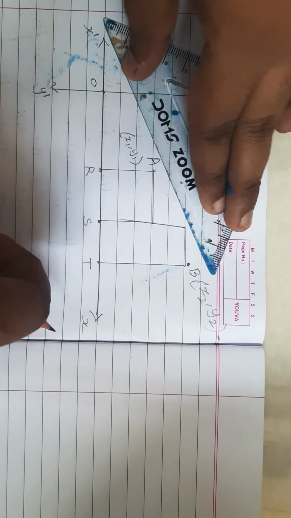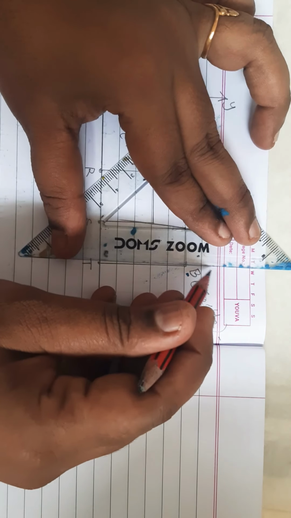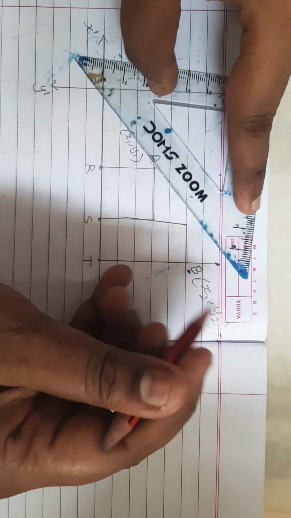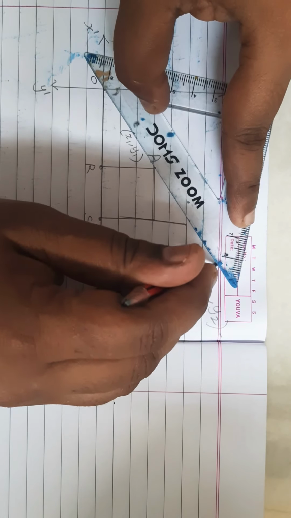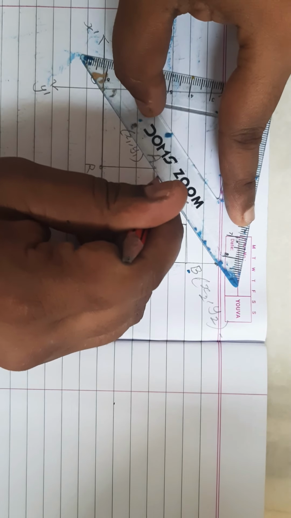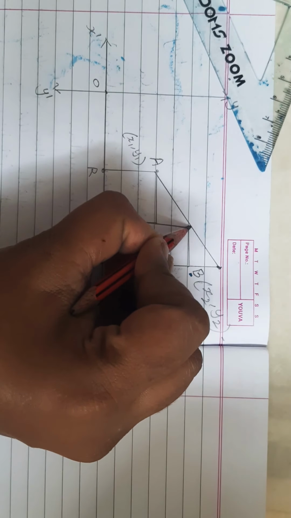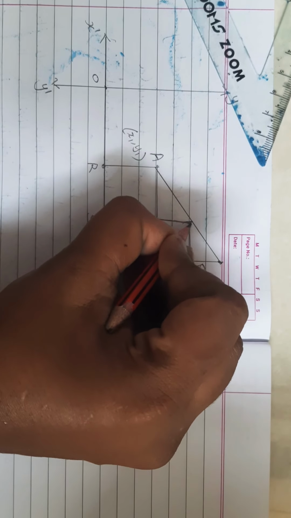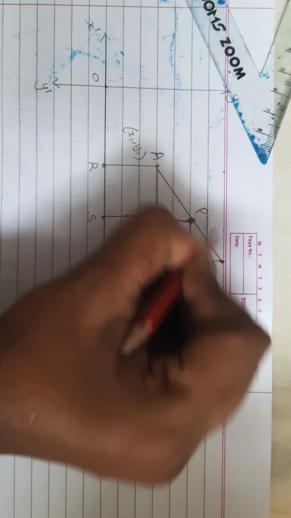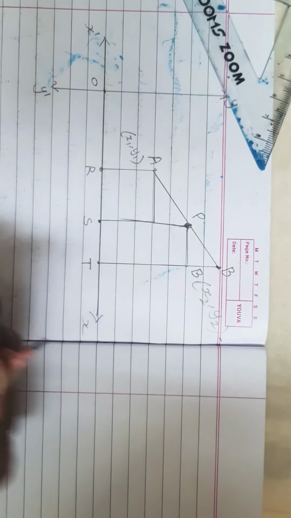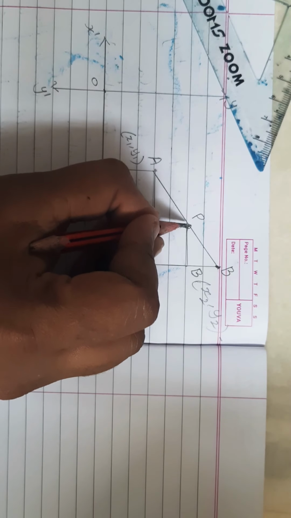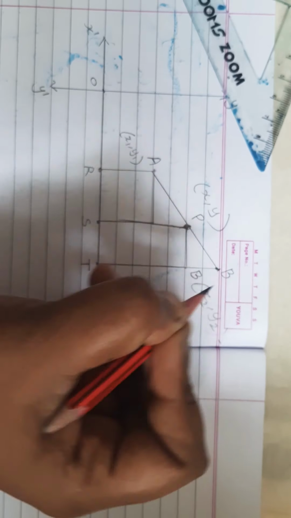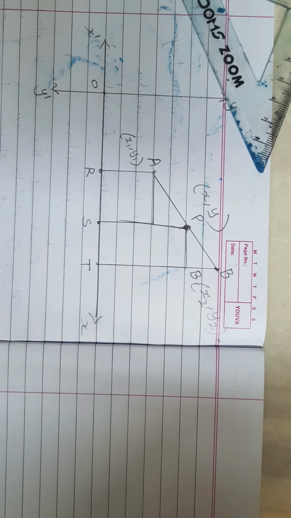Suppose you are joining these 3 points, this is the intersection point. This is A, this is B, and this is the intersecting new point called P. This point only you are going to find out using the section formula.